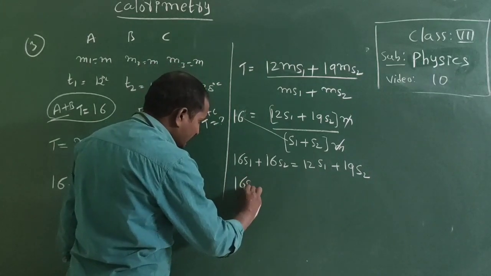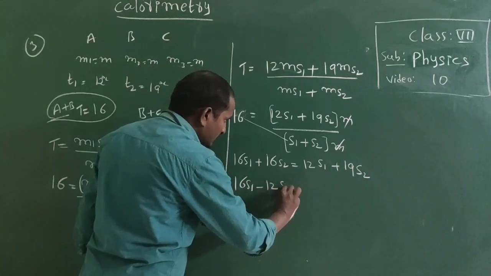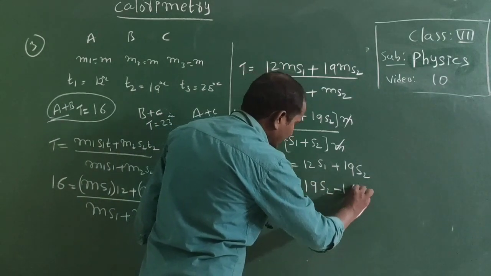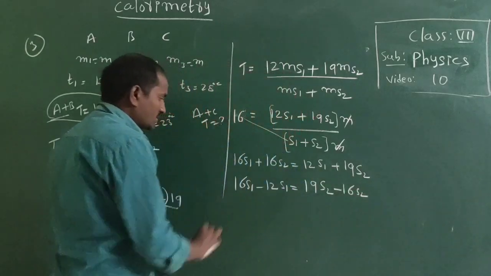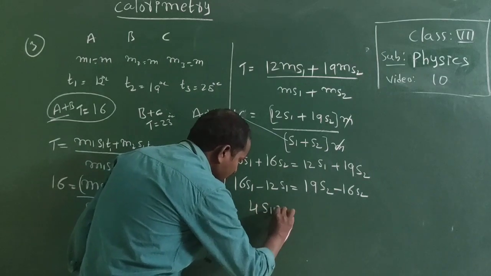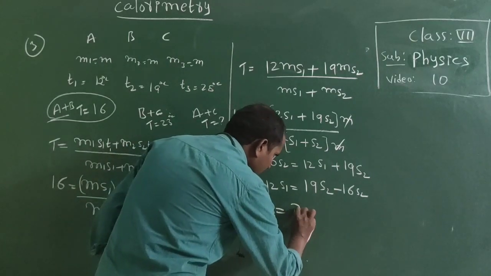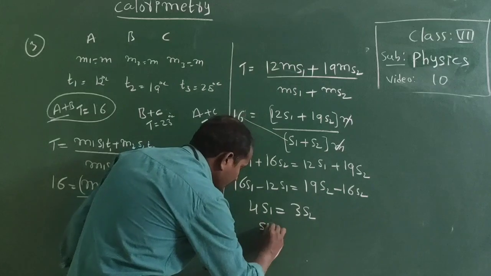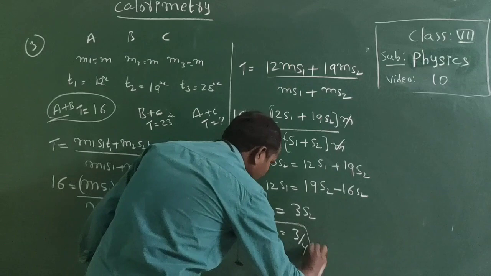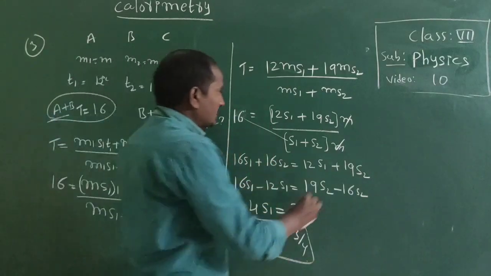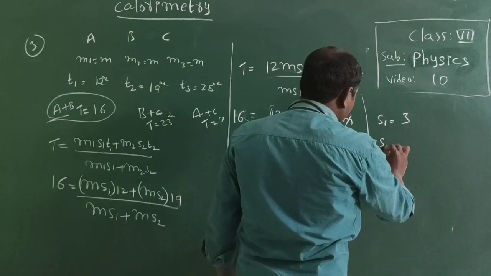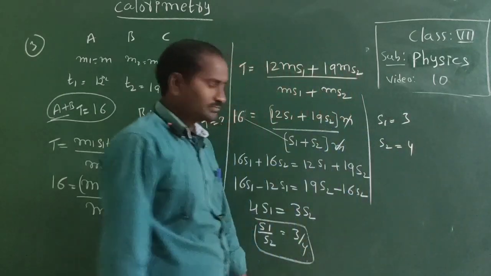So 16 S1 minus 12 S1 equal to 19 S2 minus 16 S2, so 4 S1 equal to 3 S2. So S1 by S2 equal to 3 by 4. That means S1 equal to 3 and S2 equal to 4.